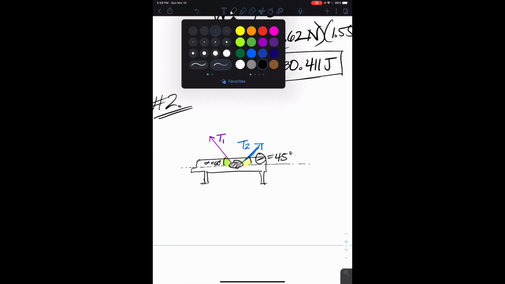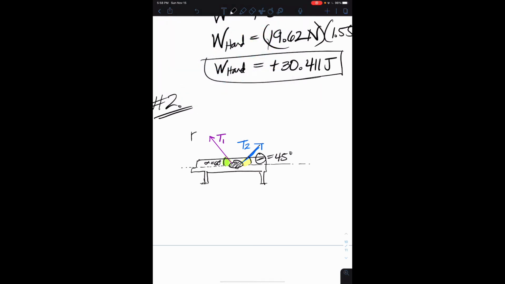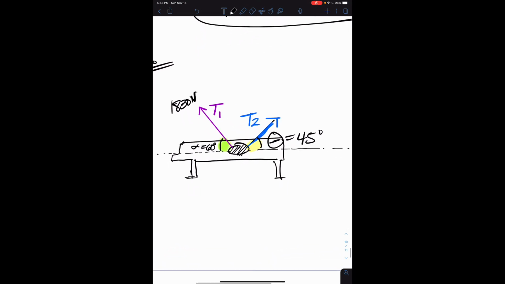Values for tension. Let's see, T1 is 1830 newtons, and T2 is 1295 newtons. All right, and then they tell us the weight of the piano. That points straight down, and this is the largest vector yet.